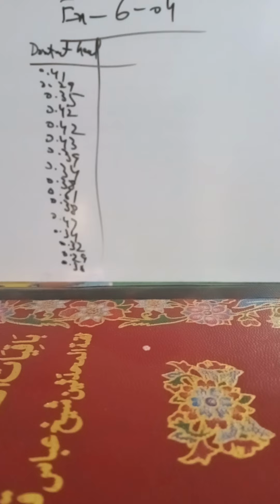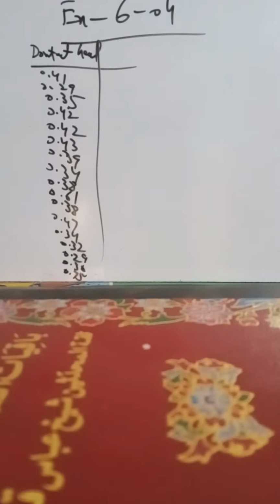Then after that, 0.34, 0.75. I think I had missed one value, 0.75, like here. Okay, I am putting it down.